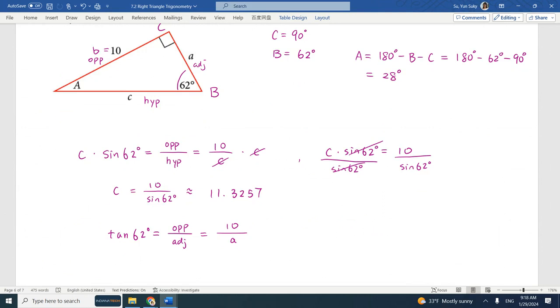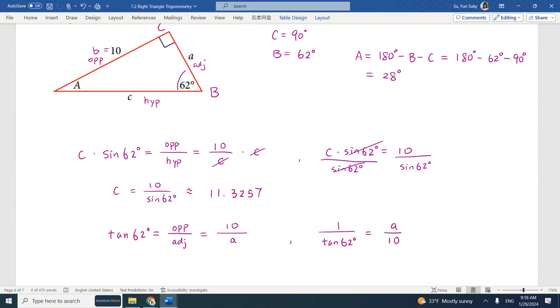You can flip the A and 10, and then on the other side you flip the tangent and the 1. You can also do that. Is that okay, everybody? Yeah, there are so many different ways to solve equations. If we flip them, we get 1 over tangent 62 degrees equals A over 10.